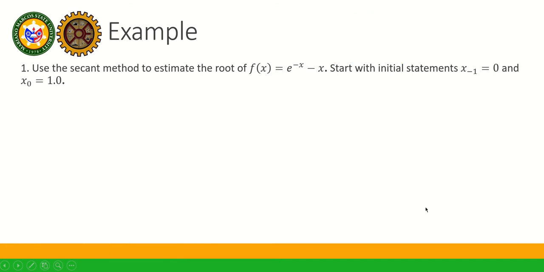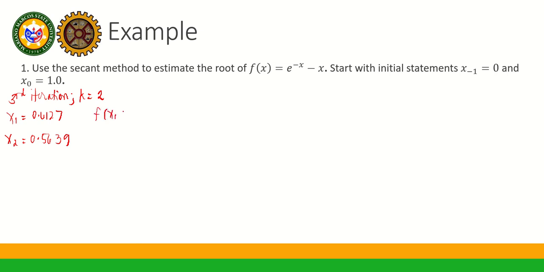So, third iteration tayo. We have the third iteration at k equal to 2. Okay? So, x sub 1 natin is equal to 0.6127. X sub 2 natin is 0.5639.